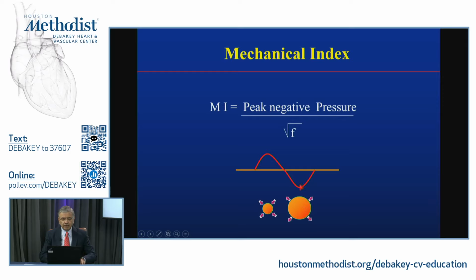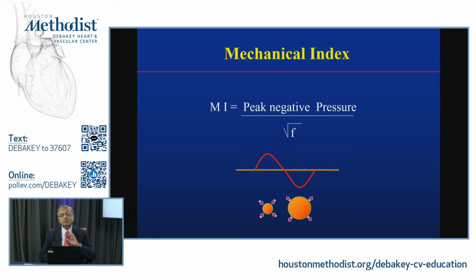In the negative wave, right, so you have negative pressure, this bubble will expand. So if you have a very high mechanical index, the expansion of this bubble is just too much for it to burst. And therefore, at high mechanical indices, you're not going to have much survival of these bubbles, and you're going to destroy quite a bit of them, right?